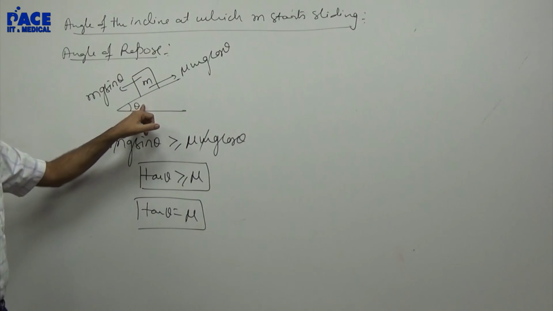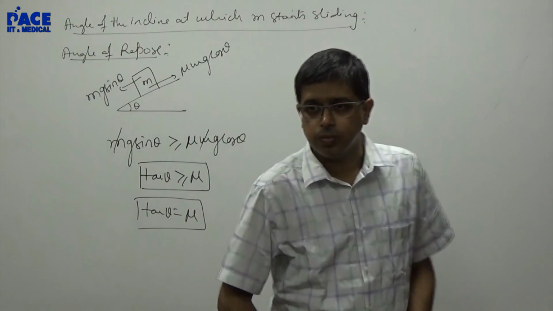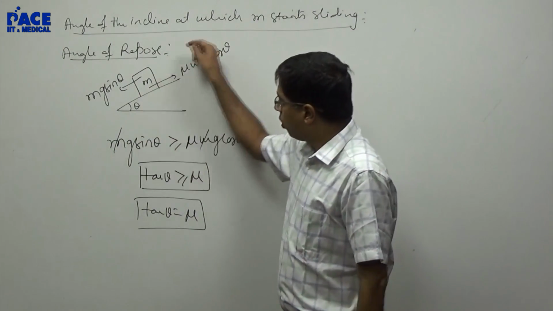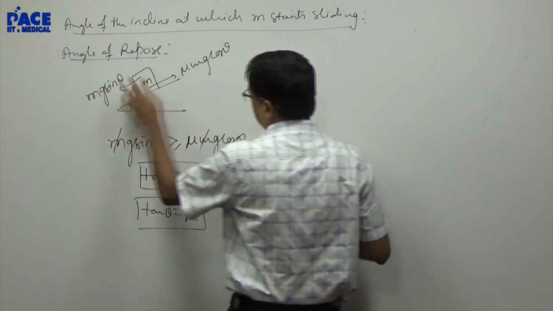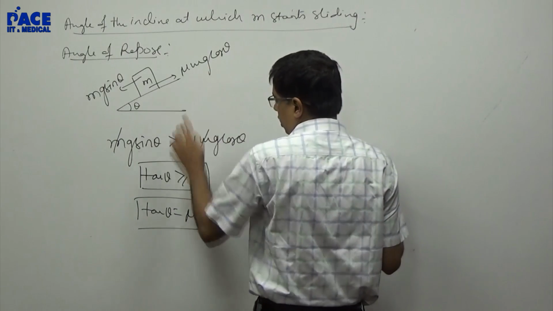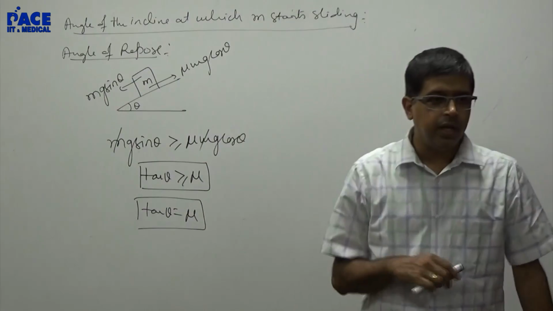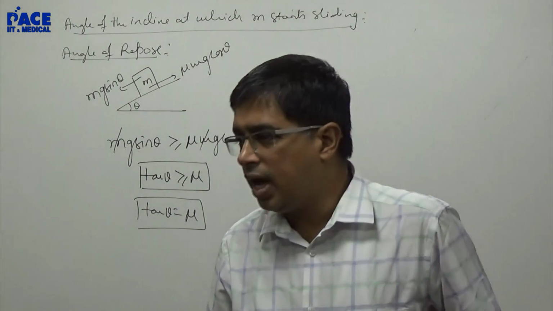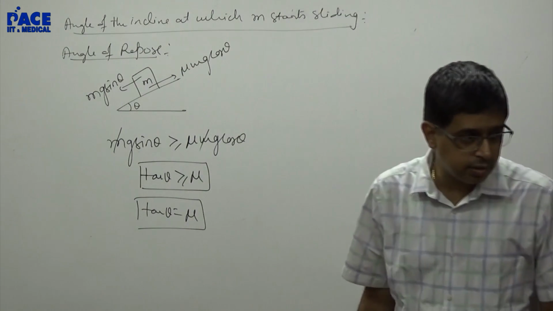This is the angle of the incline at which the body will start sliding down. When mg sin theta is equal to mu mg cos theta, tan theta will be equal to mu. It is a mere coincidence that this angle is the same as the angle of contact. Right?